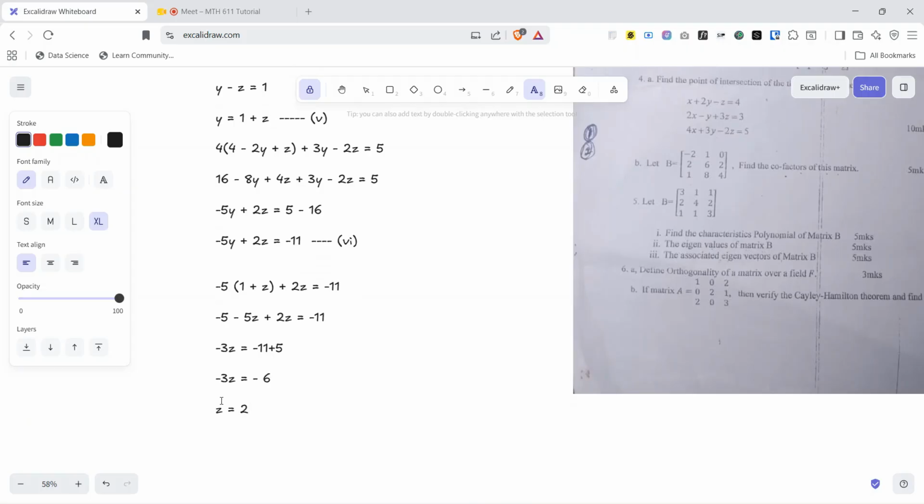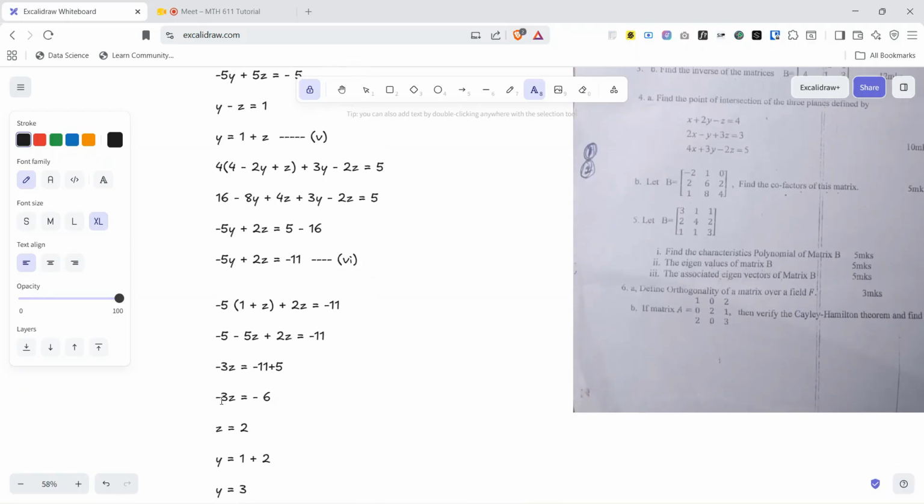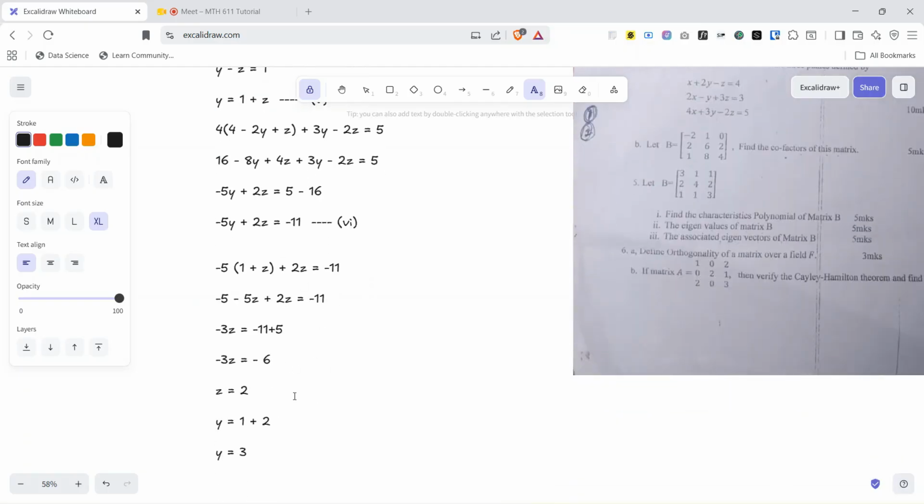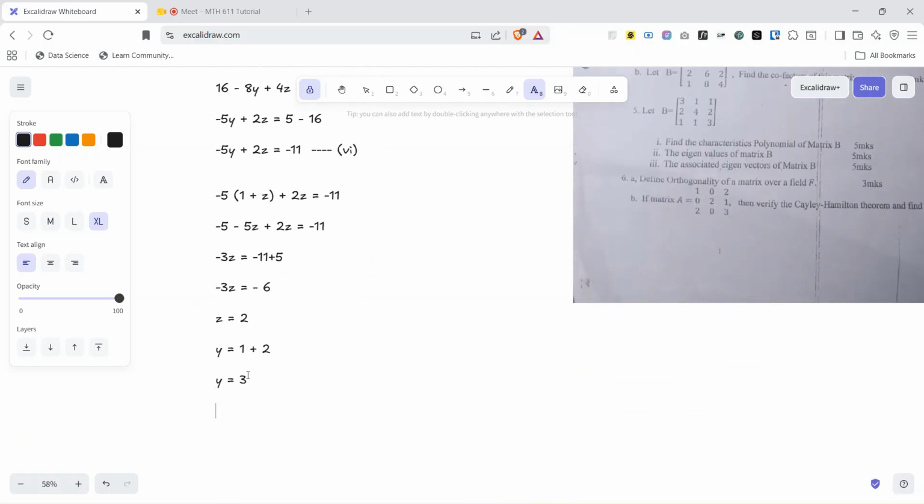Now that we found z, we'll plug z into equation 5, which gives y equals 1 plus 2. It means y equals 3. Now that we know y and z, we can plug them into equation 4 so that we can know what x is. So x equals 4 minus 2y plus z.